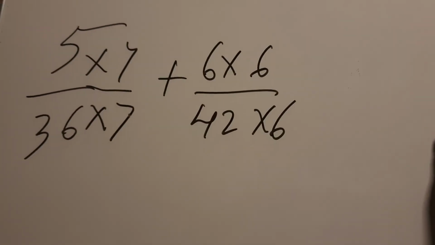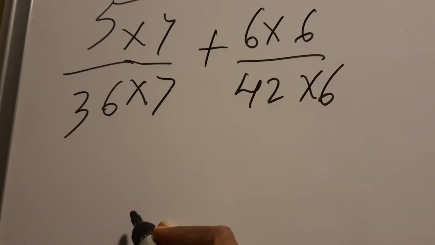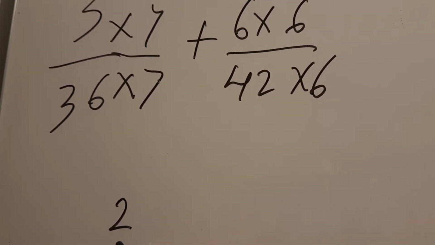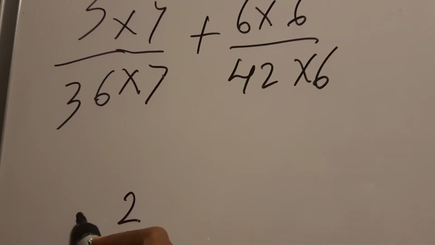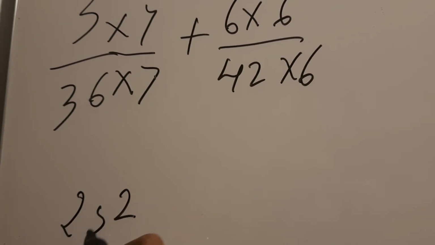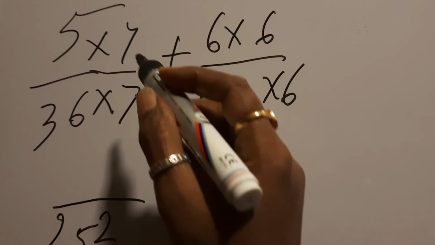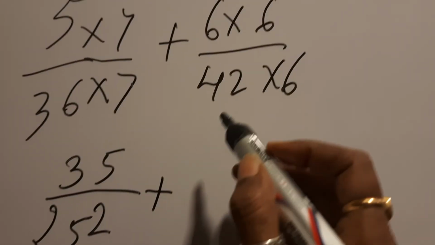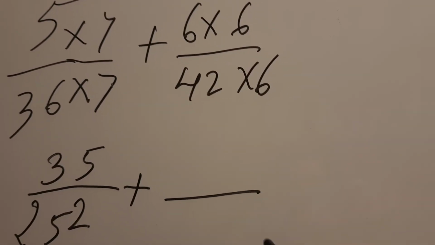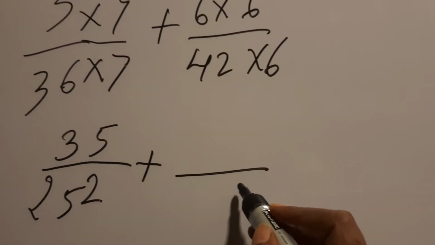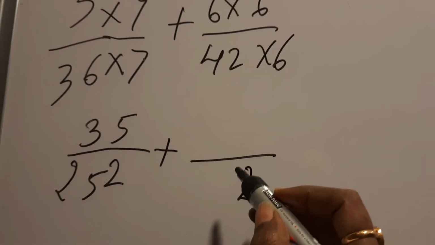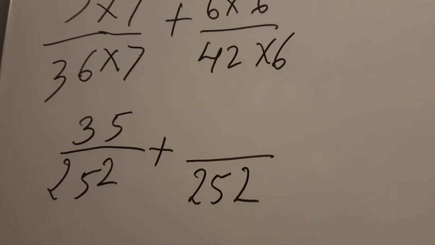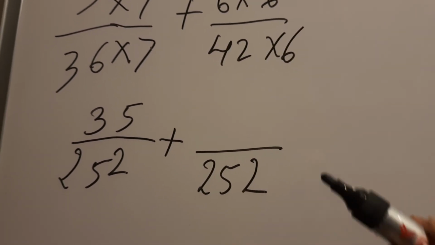So 36 into 7 will give us how much, children? 7 6s are 42, 2 write 4 carry, 7 3s are 21, 21 plus 4, 252. Correct, no? 5 7s are 35 above that. Plus 6 upon 42 into 6: 6 2s are 12, 2 and 1 carried here, 6 4s are 24, 252. It is natural that we are going to get the same denominator.